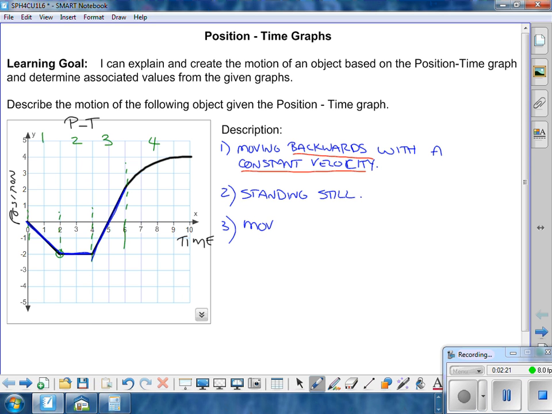We are moving forward with a constant velocity. Anytime it's a line on a position time graph, it's going to be a constant velocity.